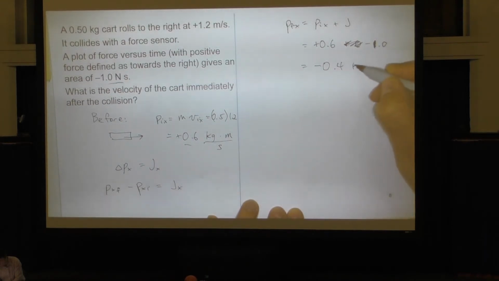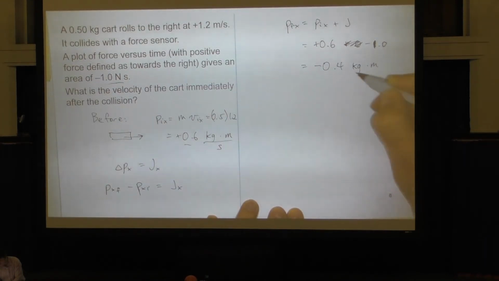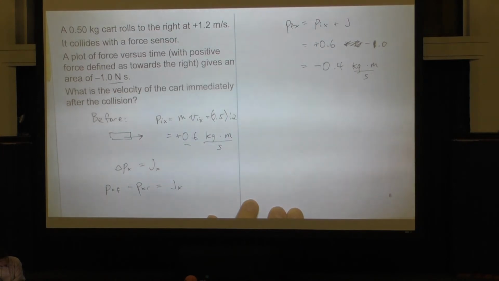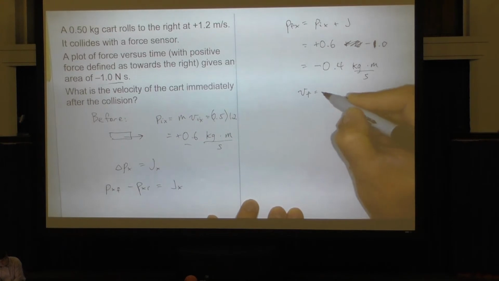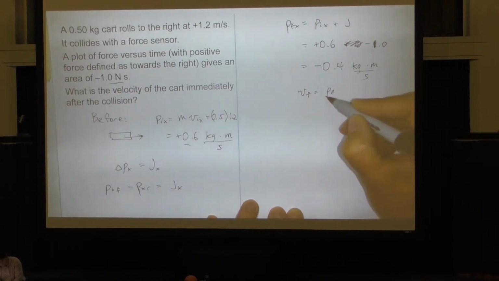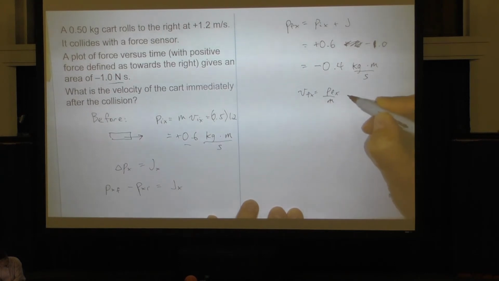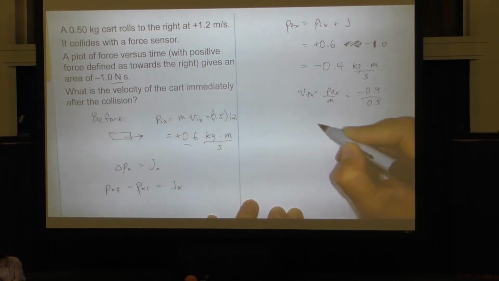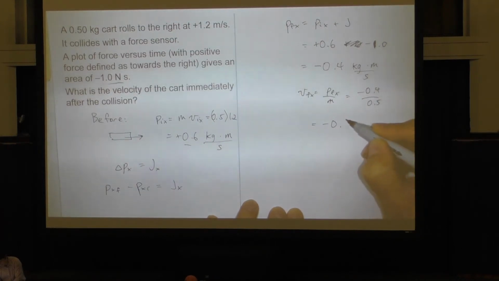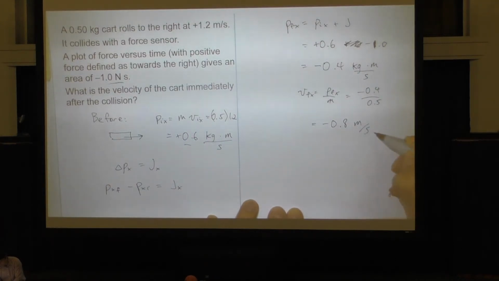And we can ask the question again, is this an elastic collision? And the answer is no, because it's lost. V final is equal to P final divided by M. I keep forgetting to put the little x subscripts, but let's do that. Negative 0.4 divided by 0.5 kilograms, and you get negative 0.8 meters per second.